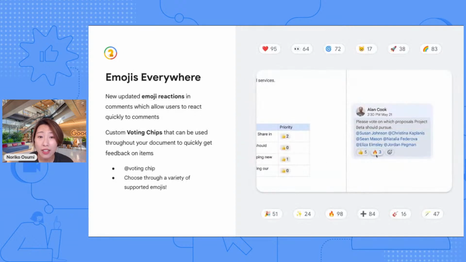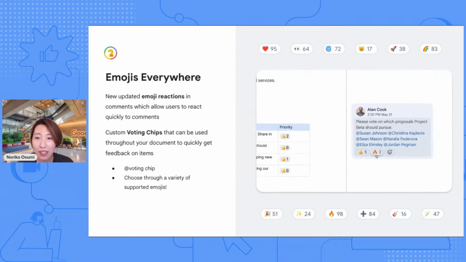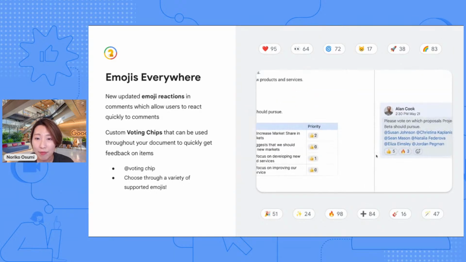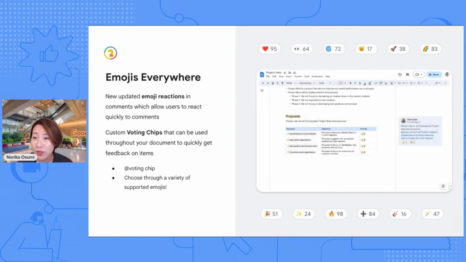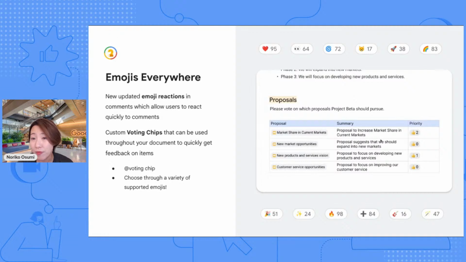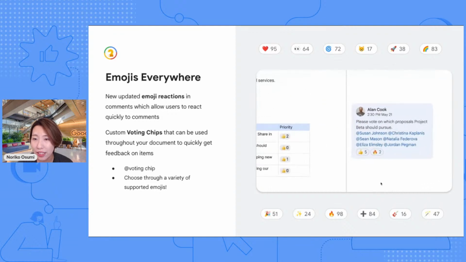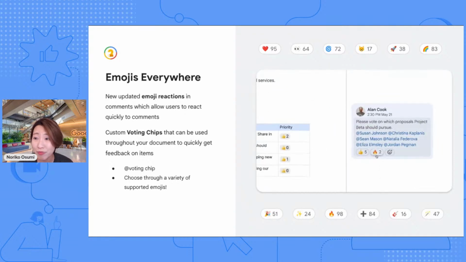This is one of the fun chips among our smart chips: the emoji chips. We've got things like the comment emoji, which you see over here as well. But we've also got what we call voting chips, and the ability for users to create, say, a brainstorming table, and within that table you have a column that you want to call voting, and you've invited 20 people into the document.